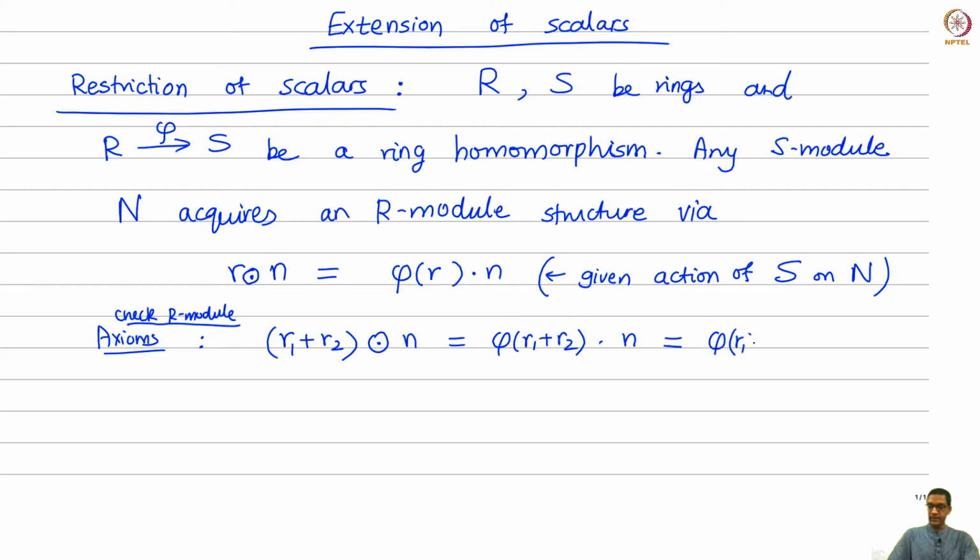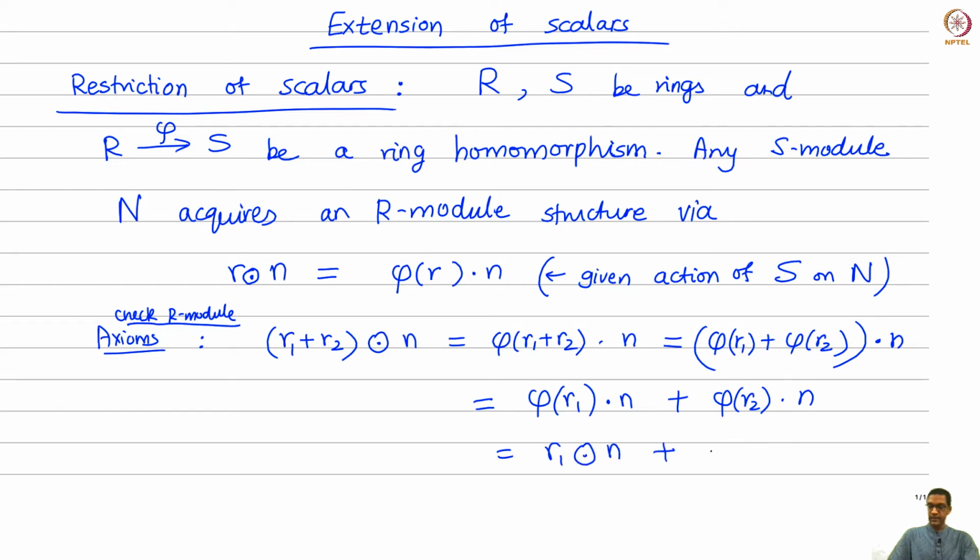So this is phi(r1) plus phi(r2) acting on n, and now by the fact that N is an S module, I have distributivity. So this is phi(r1)n plus phi(r2)n. By definition this is r1 acting on n plus r2 acting on n. So I proved the first property.